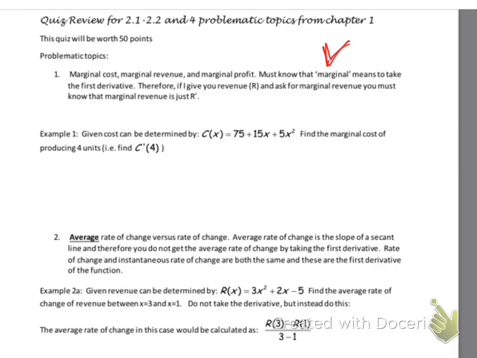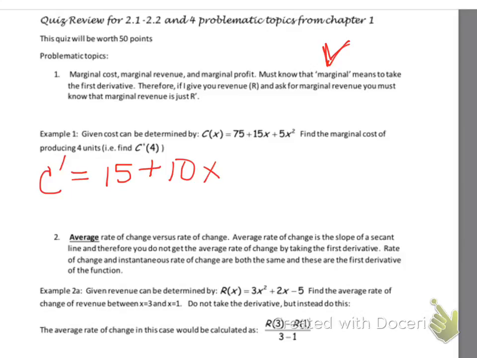Here's an example. Given cost can be determined by C of x equals 75 plus 15x plus 5x squared. Find the marginal cost of producing 4 units. Your first job is to find C prime. C prime will be 15 plus 10x.